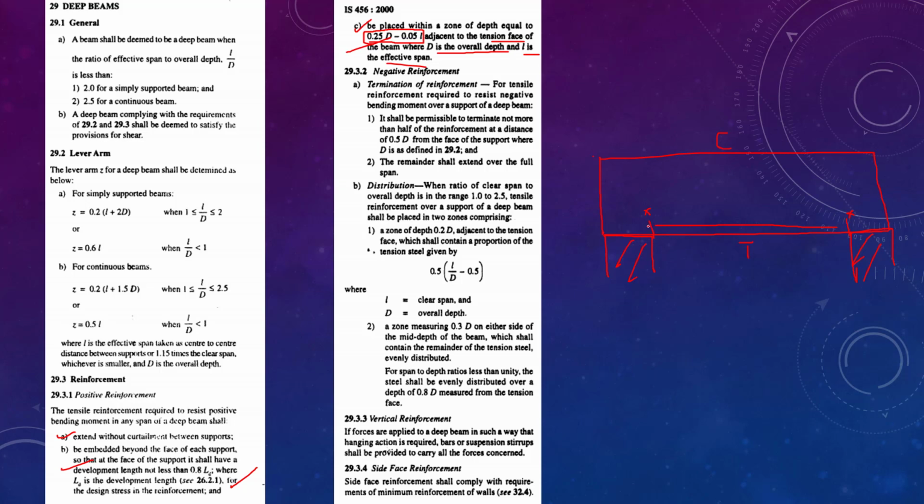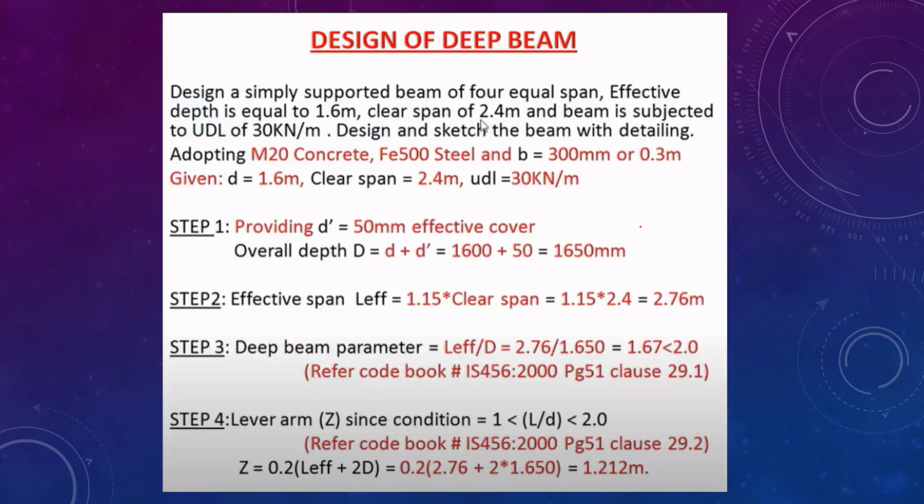For providing enough grip, or for the development of the stress, we are giving a development length. I'm just giving an enlarged view. The same reinforcement is extended here. So that's the requirement for the development length.